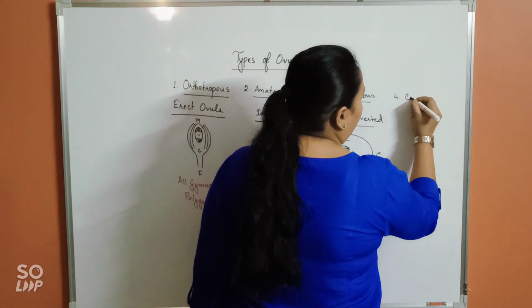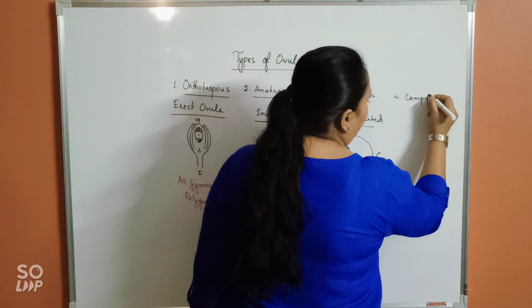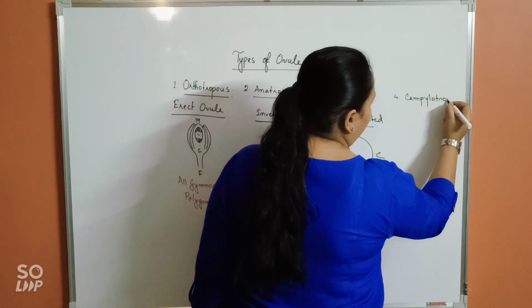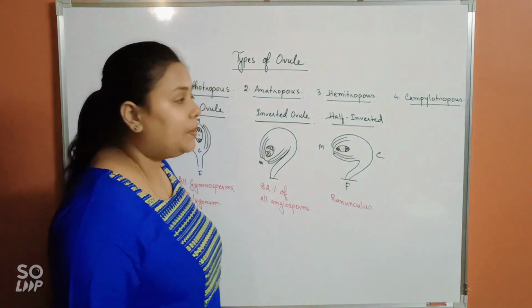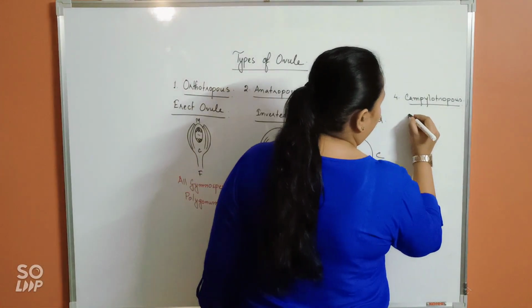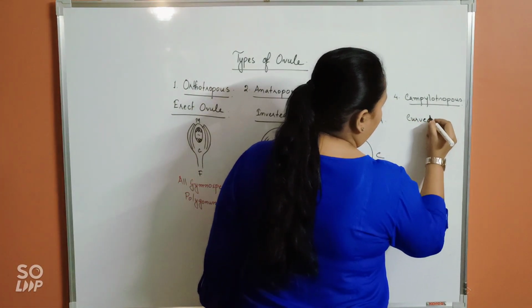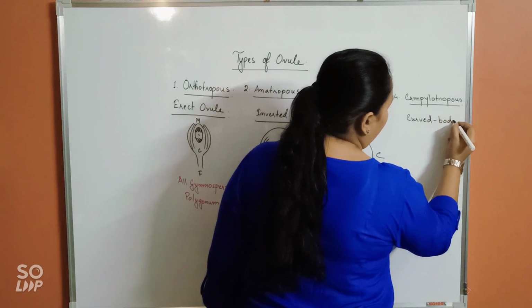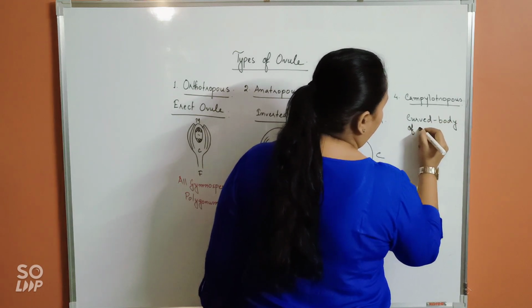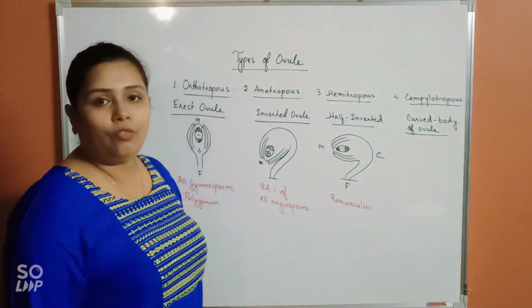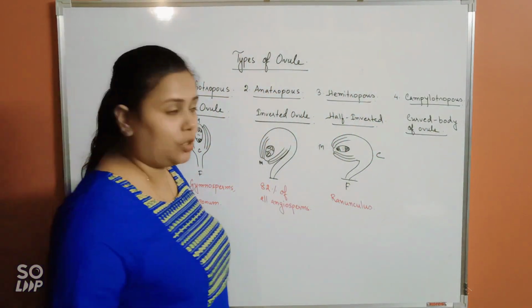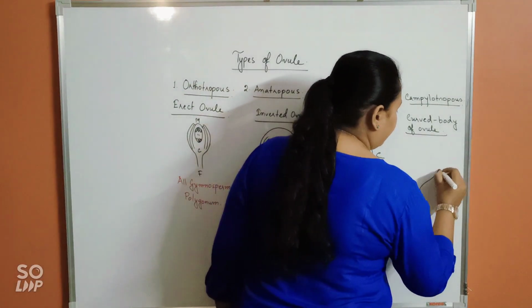Alright. Fourth, campylotropous. Campylotropous means curved body of the ovule. The body of the ovule will be having a slight curvature like this.